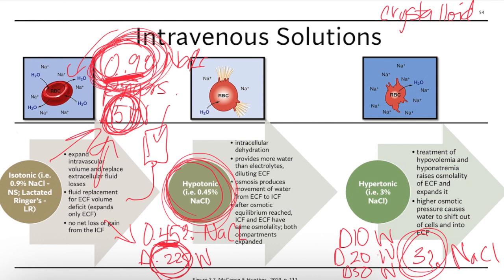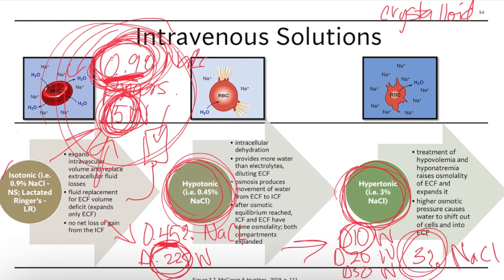So right away, and 10% is much higher than 5%. So you can right away see that these are higher than your isotonic solution, and you'll identify them as hypertonic. So all you have to do is know these three, just know the isotonic solutions. And then depending on whether it's less or more, you'll know if the solution we're talking about is hypotonic or hypertonic.